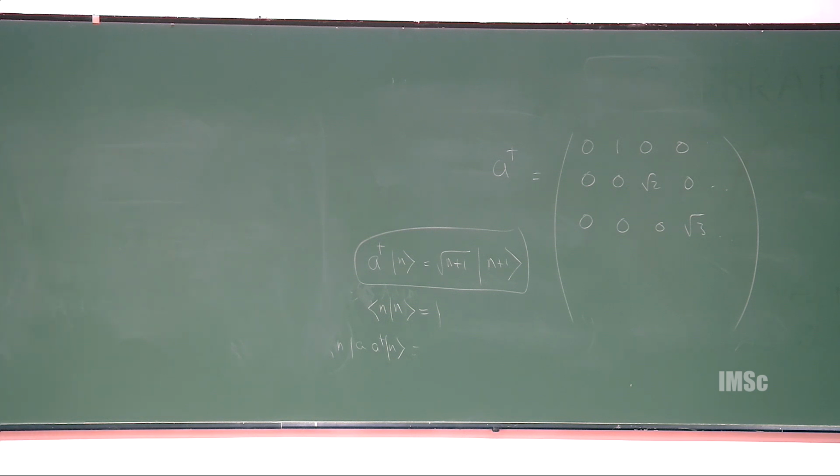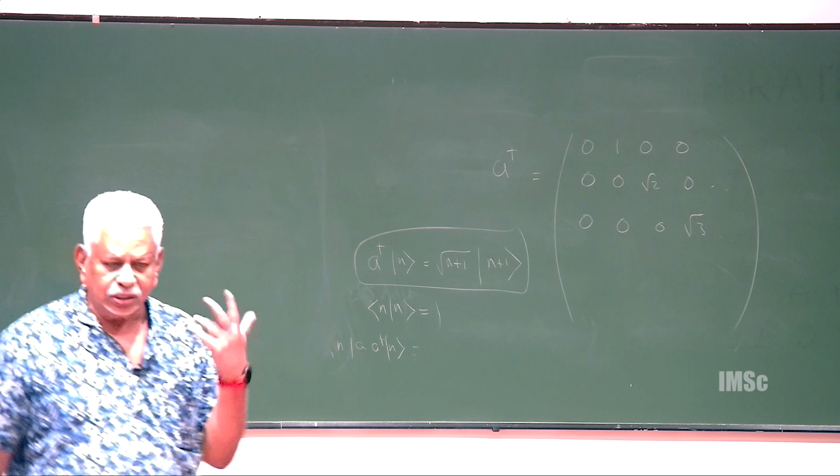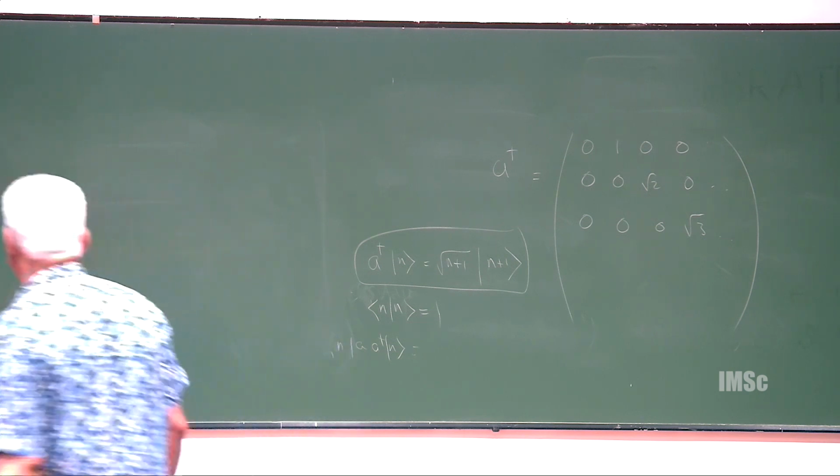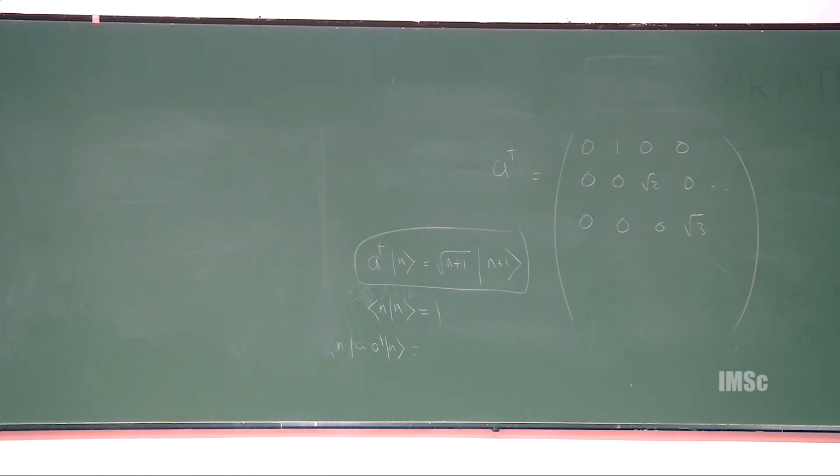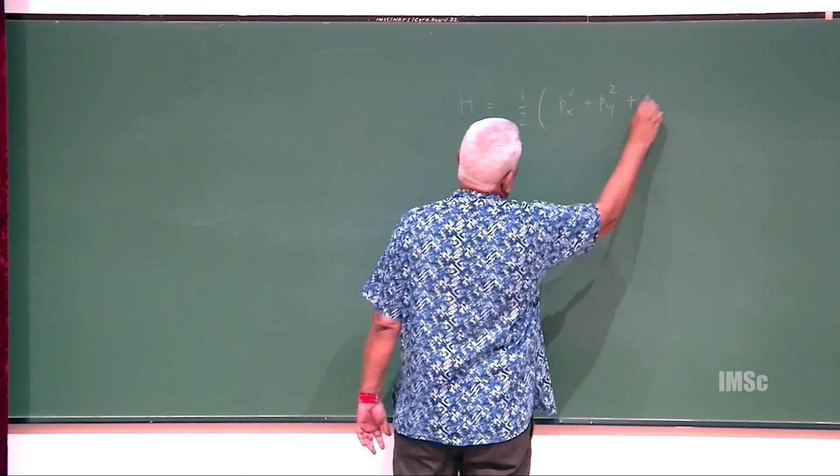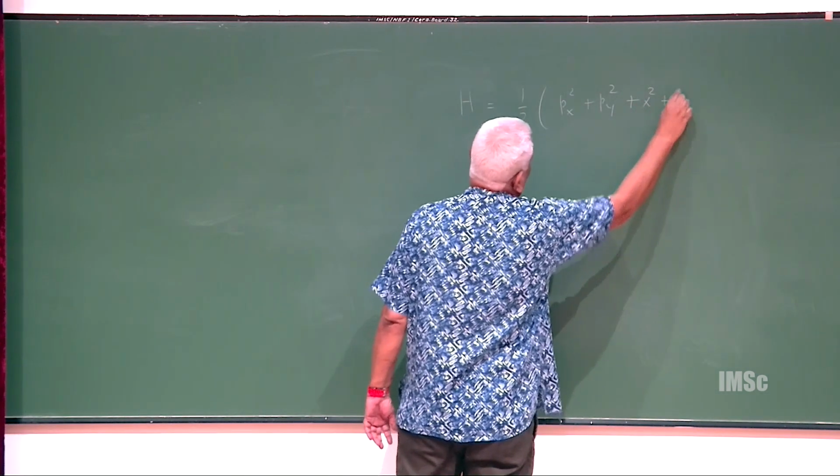Now I am going to have a new Hamiltonian in 2 dimensions. What is the new thing? It is half of px square plus py square plus x square plus y square.